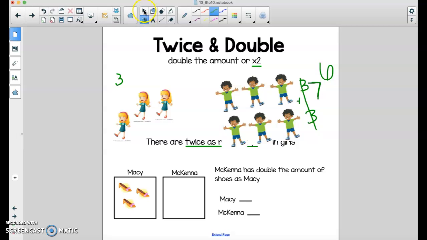All right, now here we go. I got another problem. Macy and McKenna again. Just keep thinking of my sisters. McKenna has double the amount of shoes as Macy. So Macy right here has 3 shoes. So double the amount would be the same amount, so McKenna would have 3. Now double that, I'd do another.